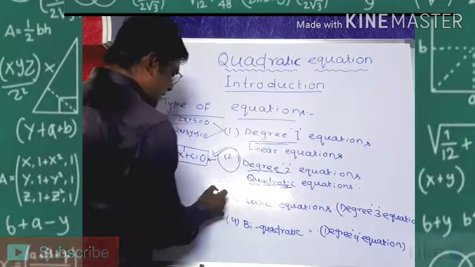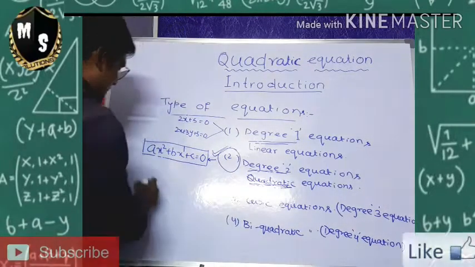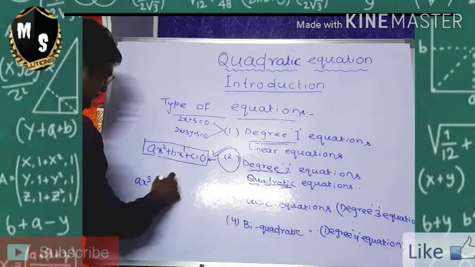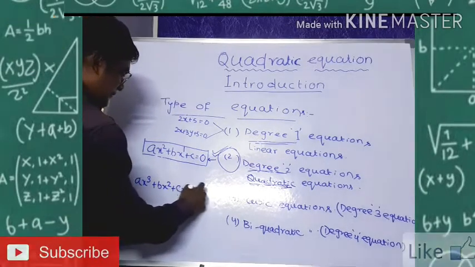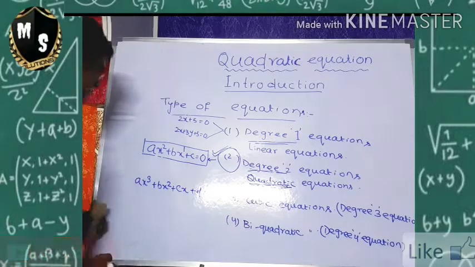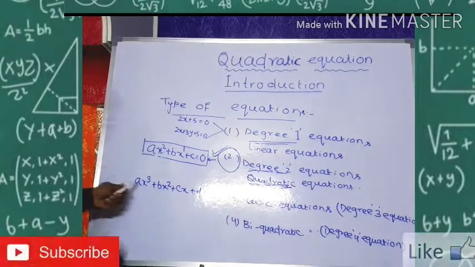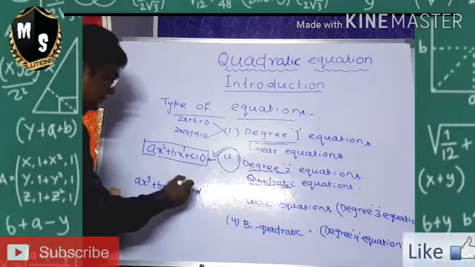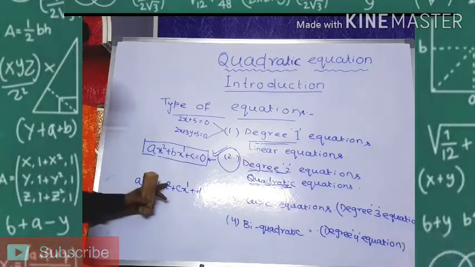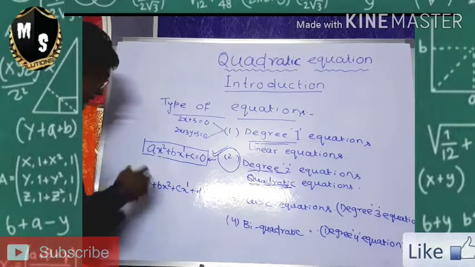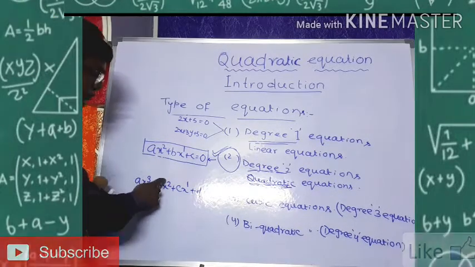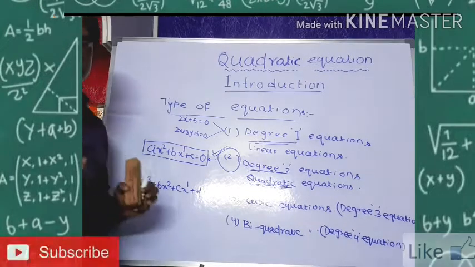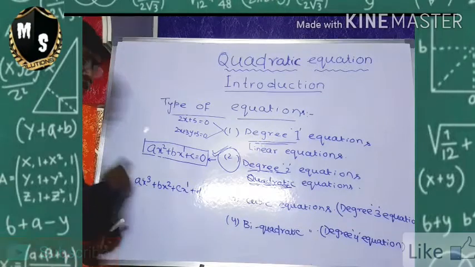Similarly, we are going for the cubic equation, the degree 3 equation. I am just showing you the format: ax cube plus bx square plus cx plus d is equal to 0. Now you see x cube, x square, and here the power is 1, so 3, 2, 1. The highest degree of the variable is 3.